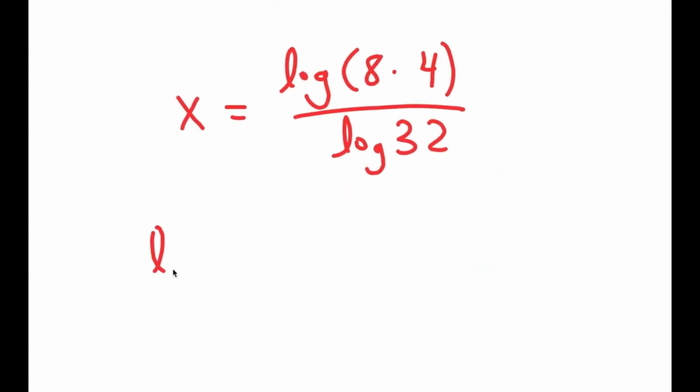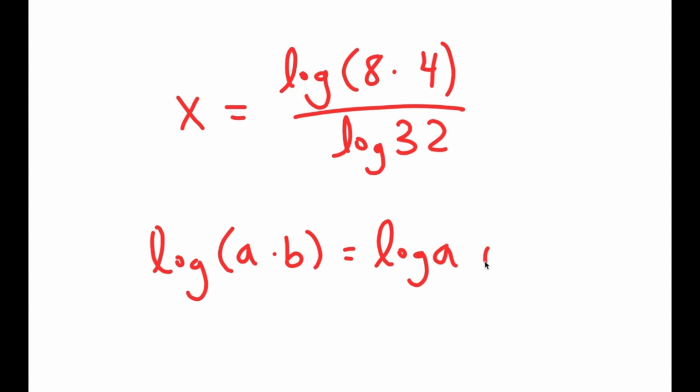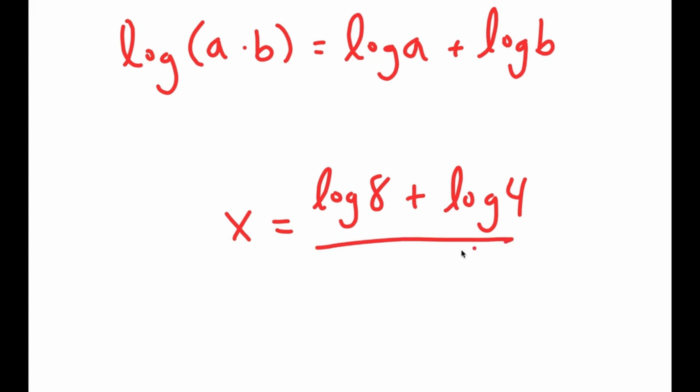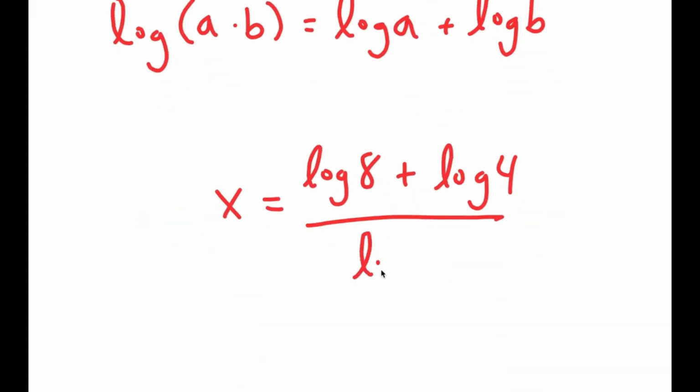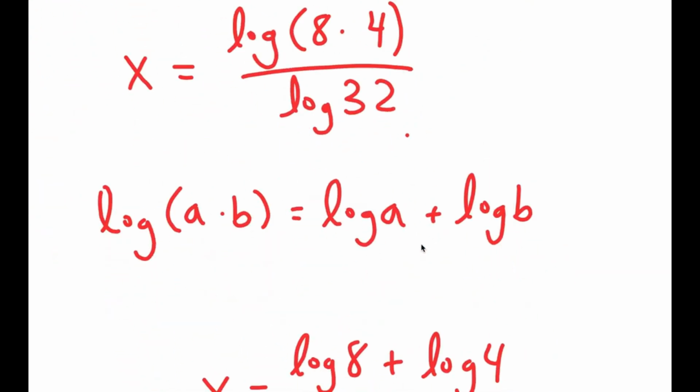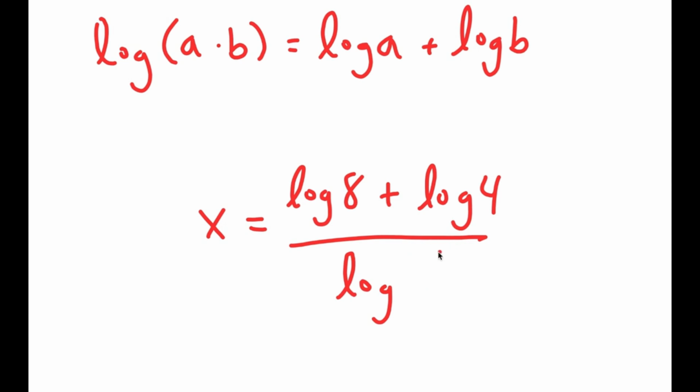So I get log of 8 times 4 over log of 8. And if I have something in the form log of a times b, this is equal to log a plus log b. So in this case, this is going to equal log of 8 plus log of 4, over log of 8.